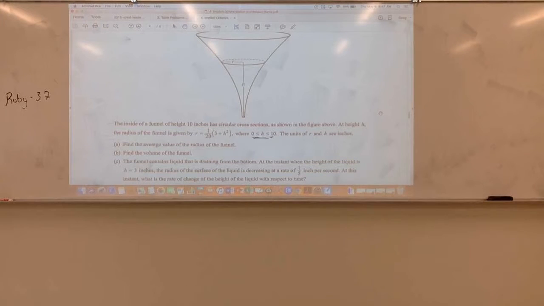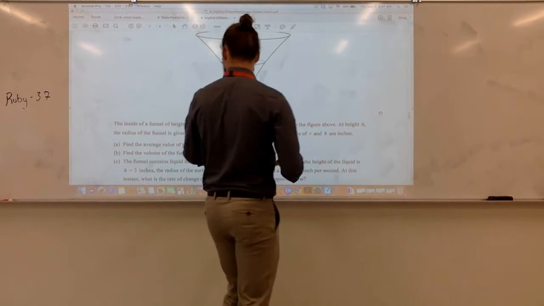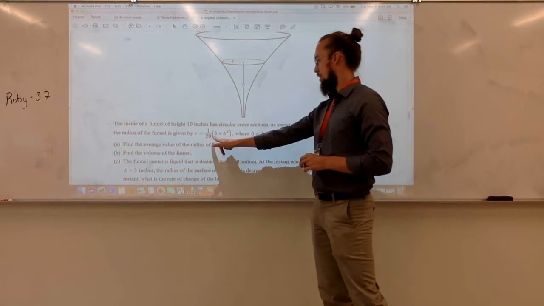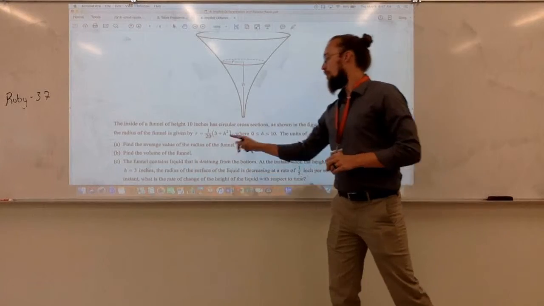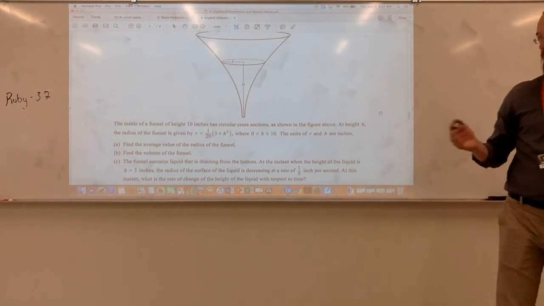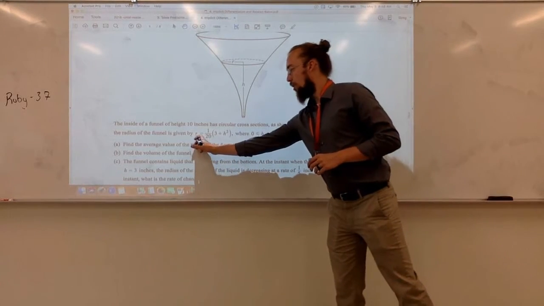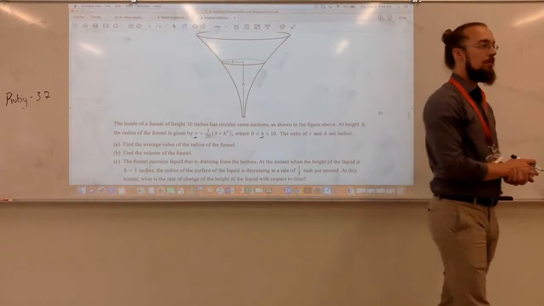Good question. So if we have a function for r... Oh, wait a minute, sorry, I said that backwards. I was thinking this was r. No, we've got r equals this function, so our bounds would be 0 to 10. This is like our x value, and r is like our y value here.